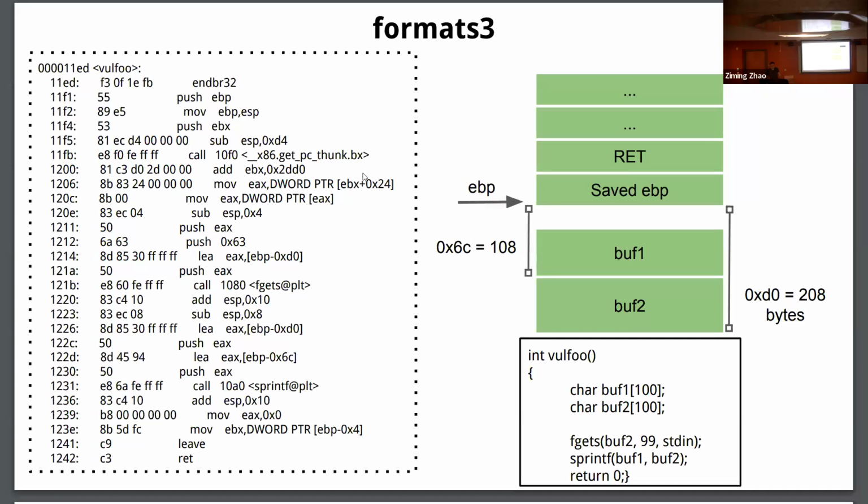We talked about this before. This is related to position independent code, right? We're basically getting the current PC value, which is the program counter value, into the register BX. The reason for this is address space layout randomization. The code has to be placed at many different places.